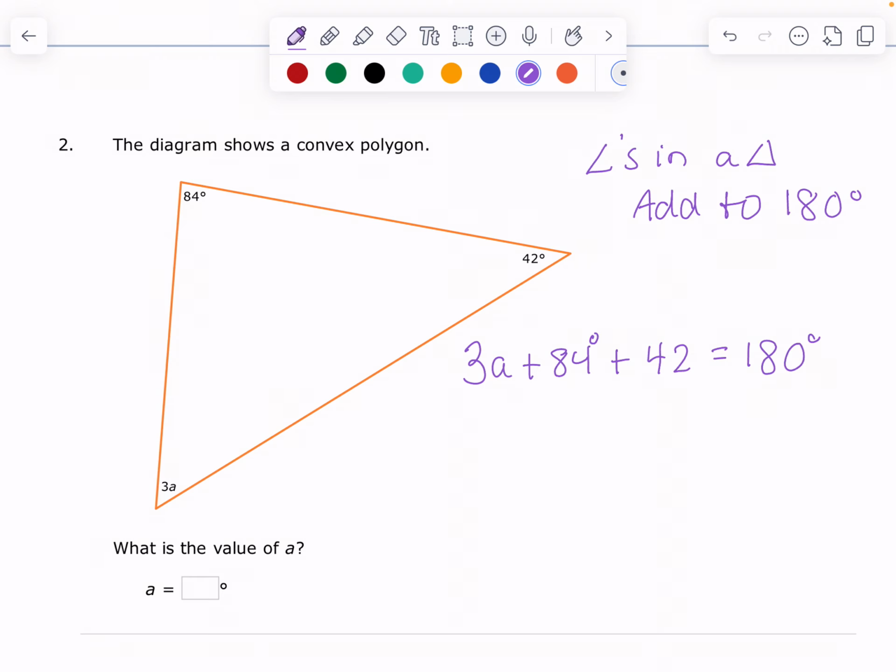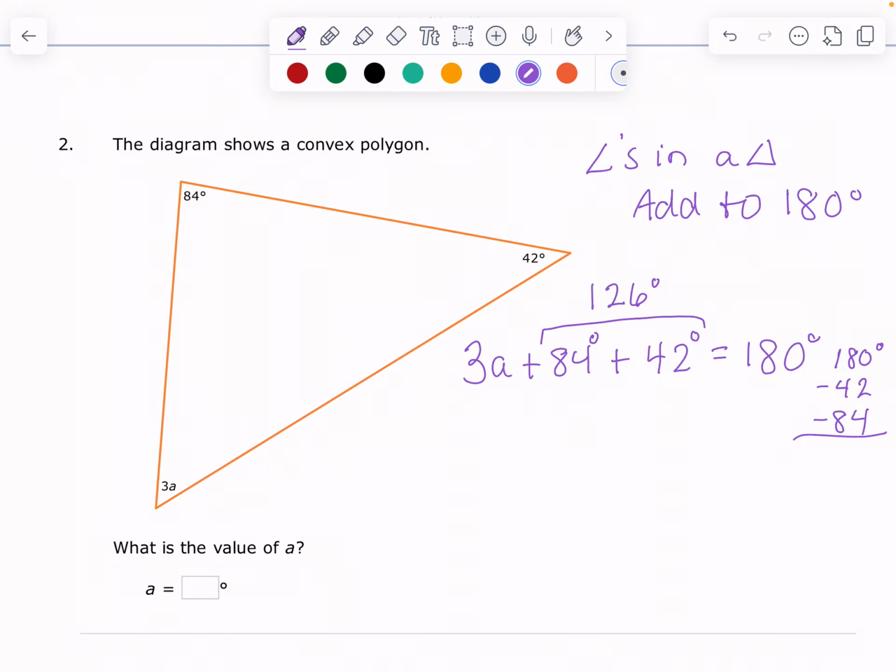I could put degrees in all these, right? And we just want to find out what a is. We could do 180, subtract 42, subtract 84, or maybe we could add these two up, and that would be 126. Either way, you can do it in decimals, right?